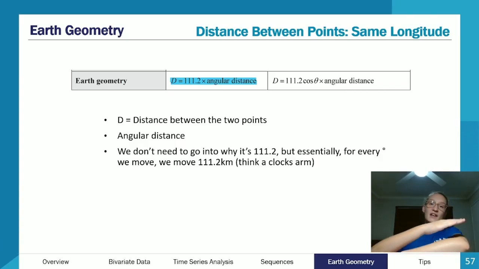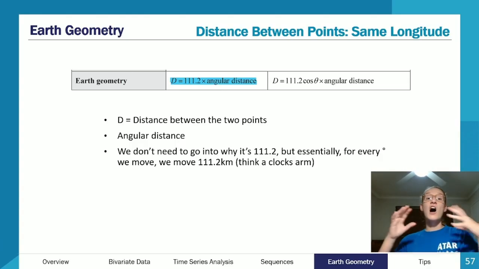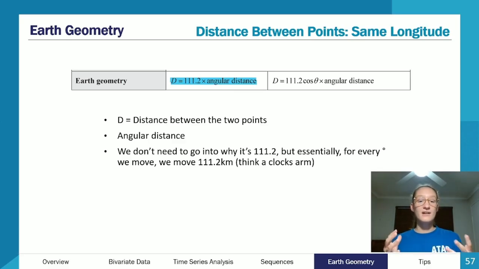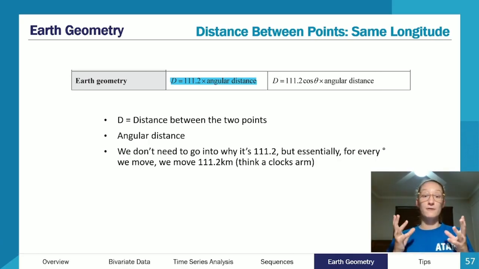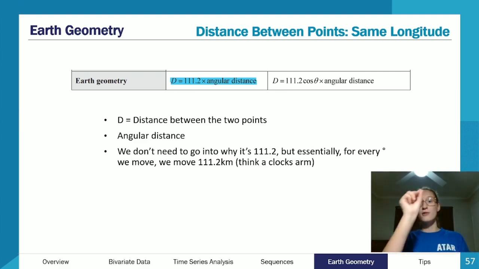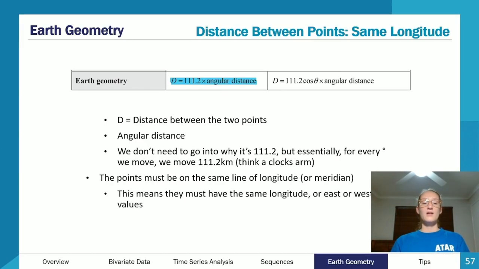So just 1 degree in elevation from the equator means that we're moving 111.2 kilometers. So if I move 50 degrees in elevation, I need to do 50 times 111.2 to find out how far we've actually moved, how far we have between those 2 points. And again, this is for when we have 2 points on the same line of longitude.